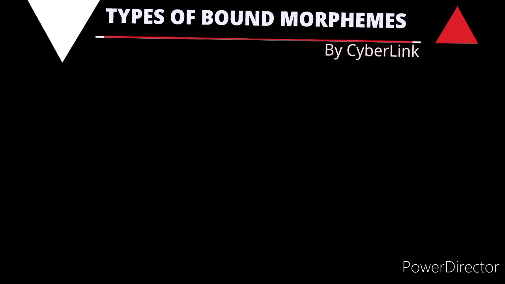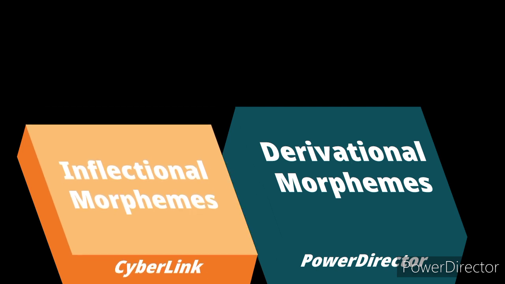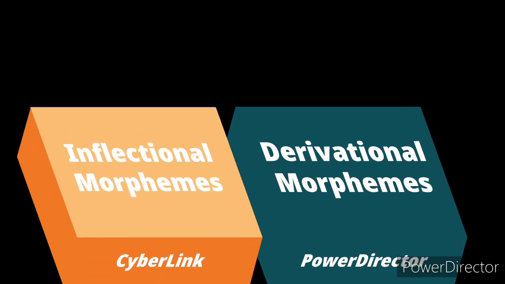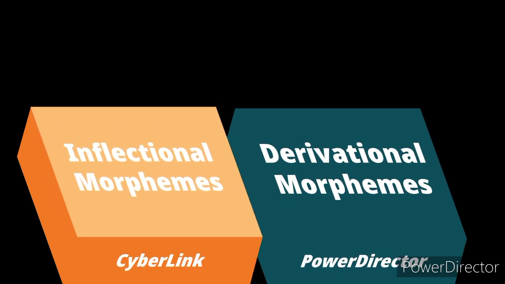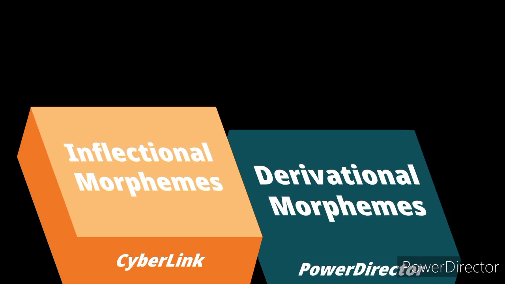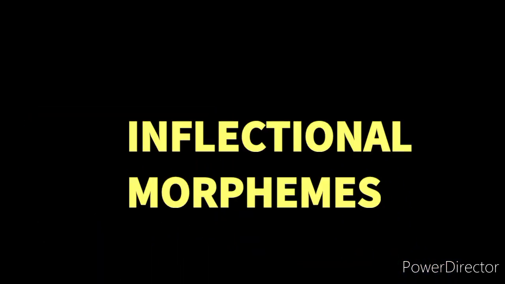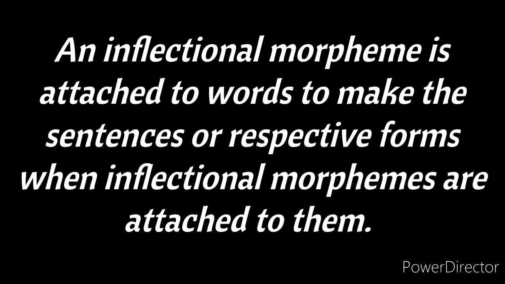Types of bound morphemes. Bound morpheme comes in two varieties. We have the inflectional morphemes and derivational morphemes. Inflectional morphemes are morphemes that are attached to words to make the sentences or utterances conform to the rules of grammar.